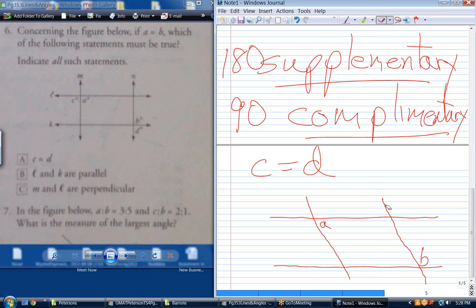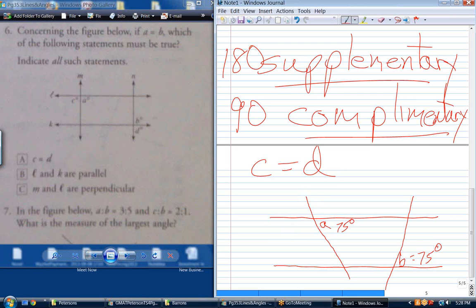However, nothing dictates that this line here has to be drawn that way. Let's say A is approximately 75 degrees. Well, can't I draw that line so that B is also equal to 75 degrees? So I've got A equaling B, but clearly this line is not perpendicular to this line.